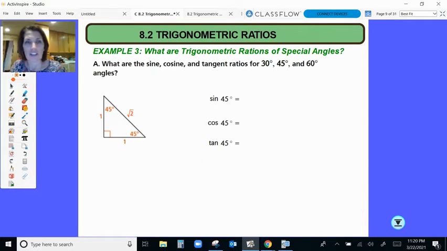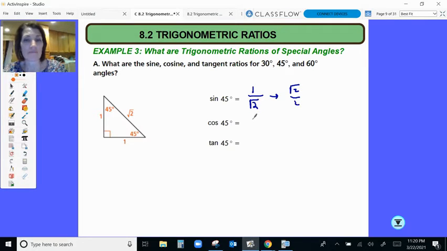All right. So now let's look at the sine, cosine, and tangent ratios for my special right triangles and see what they have in common. If I have my ratios of 1, 1, and square root of 2, my sine of 45 is the same no matter which angle it is, because it's the same angle. So my sine of 45 is going to be opposite 1 over my hypotenuse, square root of 2, which simplifies to square root of 2 over 2. Okay.